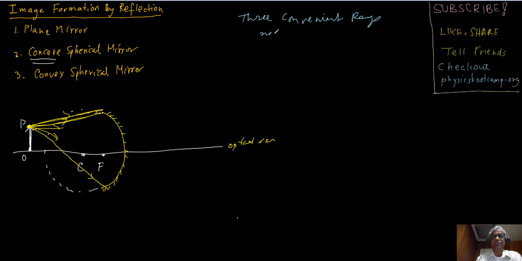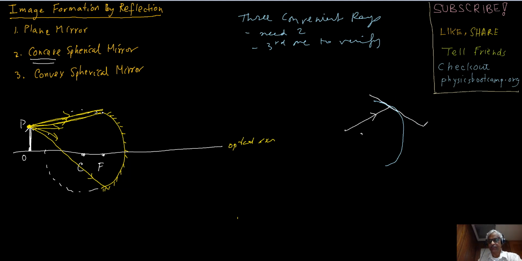You just need two. The third one is just for verification purposes. If something is a spherical reflector, and this is the center, then if a ray hits here, from the law of reflection you use what is called the tangent at point X, where the ray hits.